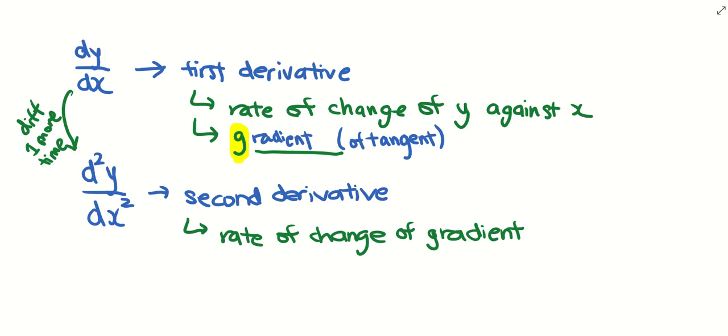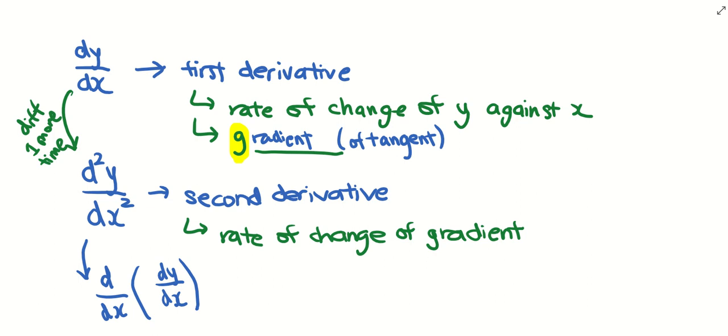The second derivative stands for the rate of change of my gradient. It means I'm doing another differentiation on top of dy dx.